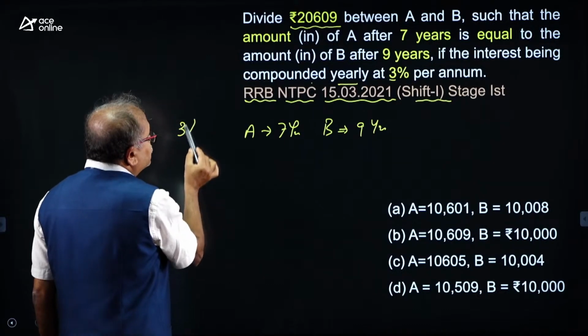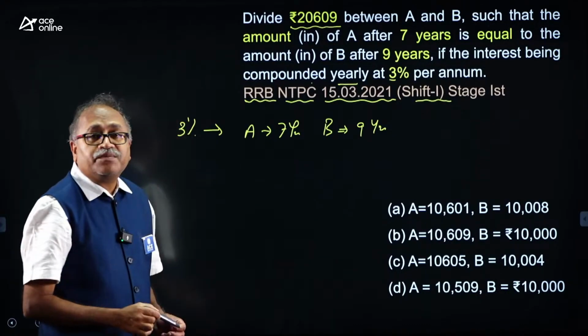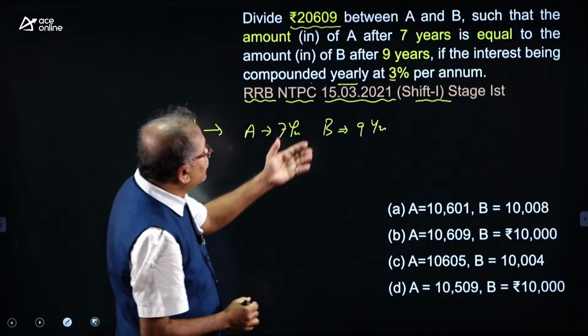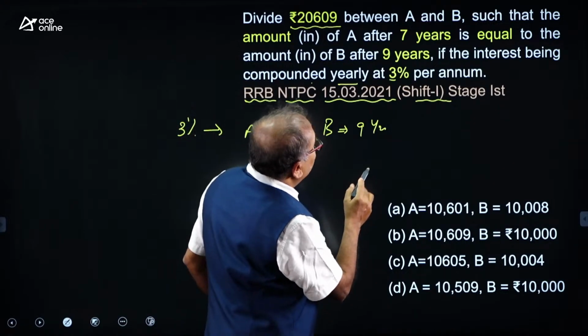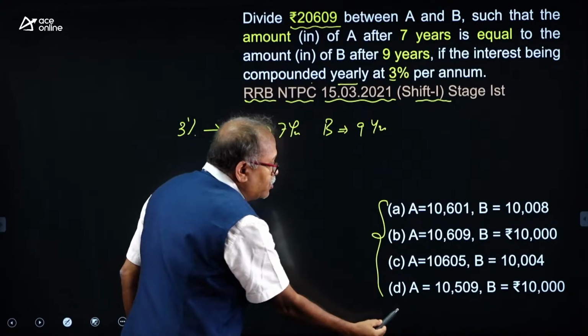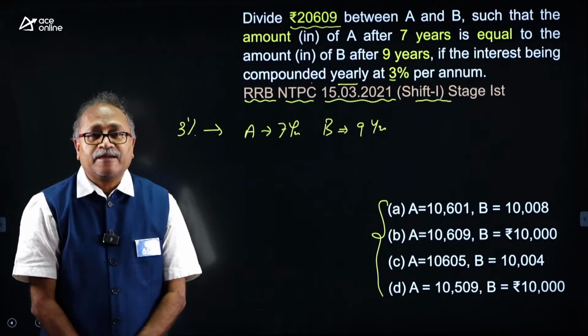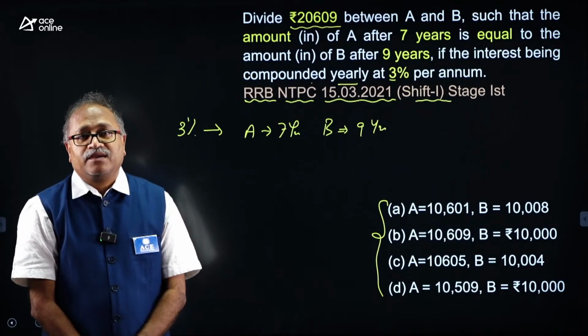So, the rate of interest is given to us as 3%. Then, to find out whose amount I need to know, I need to find both persons' amounts, A and B.